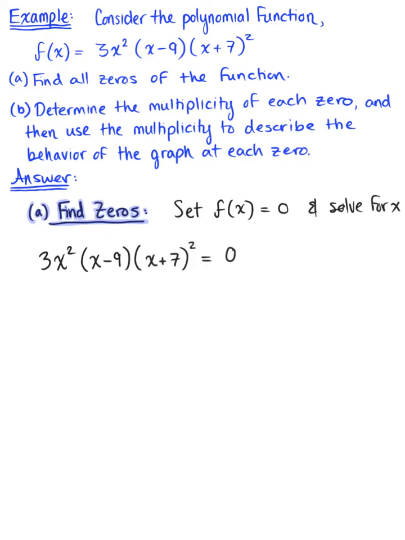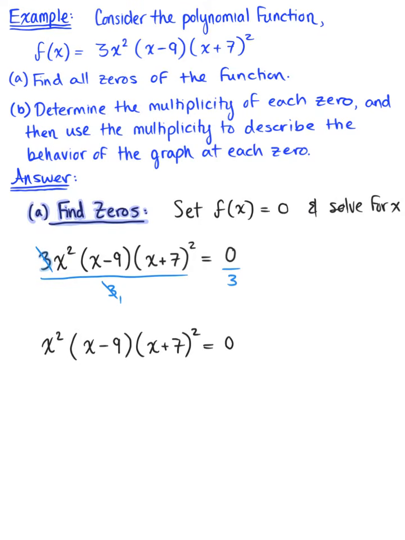Now, notice in the front here that we have a constant 3. That's not going to affect the zeros, so let's get rid of it. Let's immediately divide both sides of the equation here by 3. And so we see 3 divided by 3 cancels itself out to 1, leaving us with x squared multiplied by x minus 9 multiplied by x plus 7 squared is equal to 0.